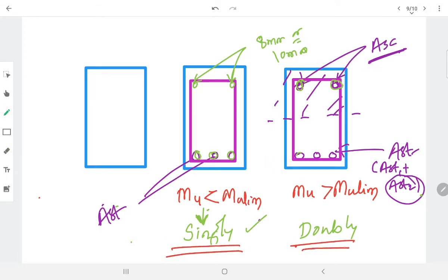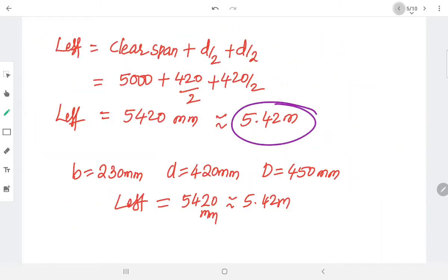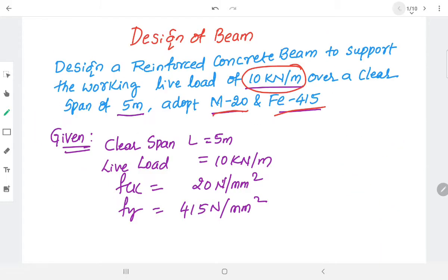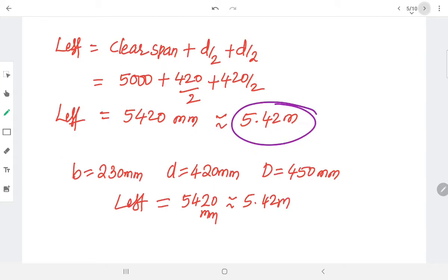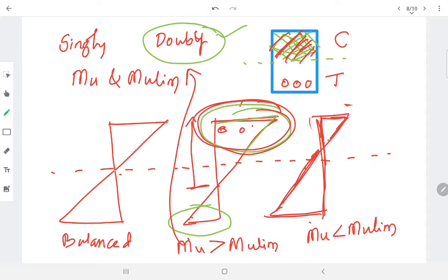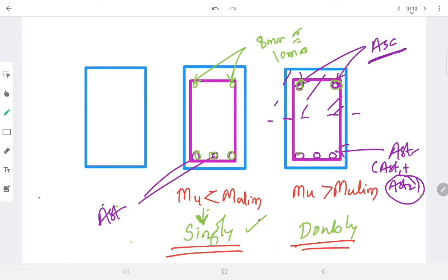Now the problem is given to you. In this problem, he has given M20 grade concrete, Fe415 steel, 5 meter span and 10 kN per meter load. He has not mentioned whether it is singly or doubly. I will find out whether the beam is singly or doubly reinforced.